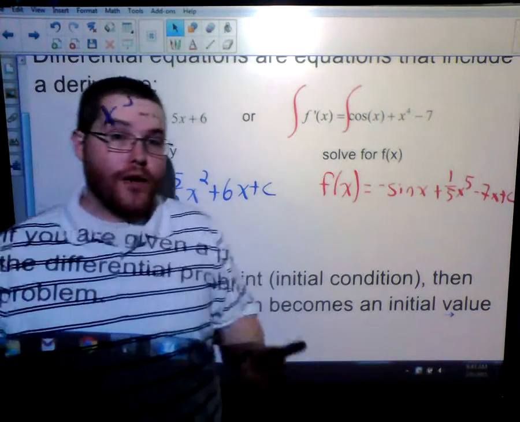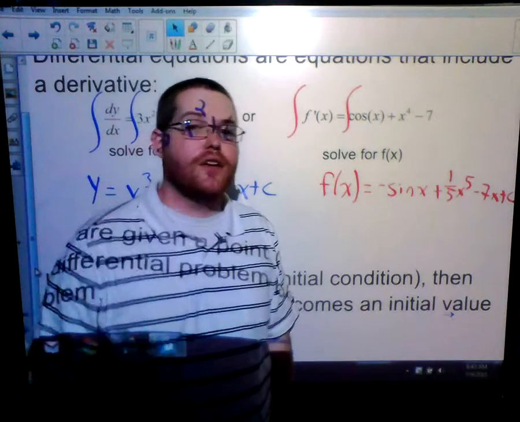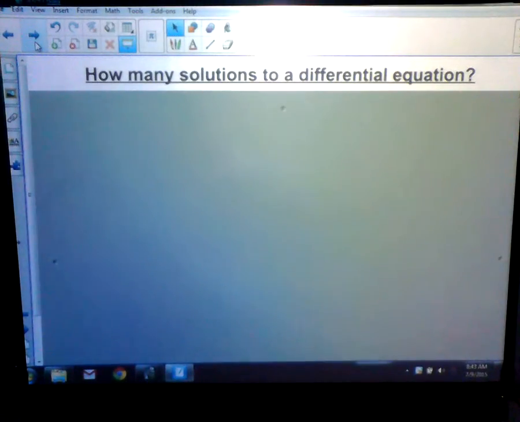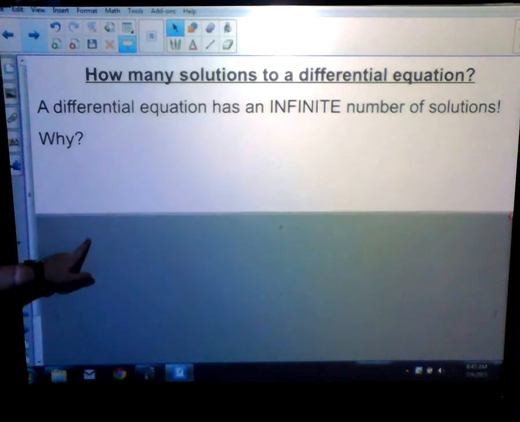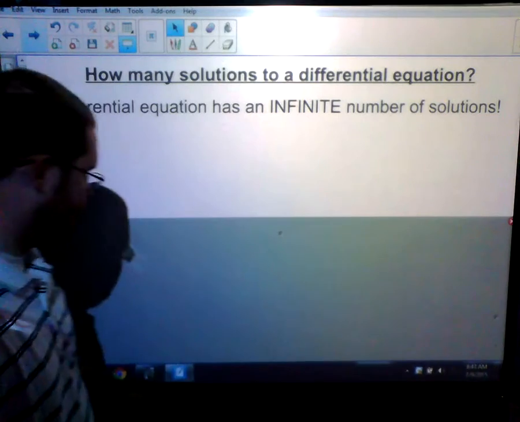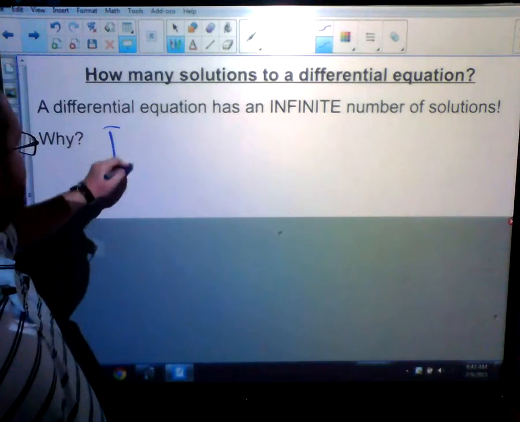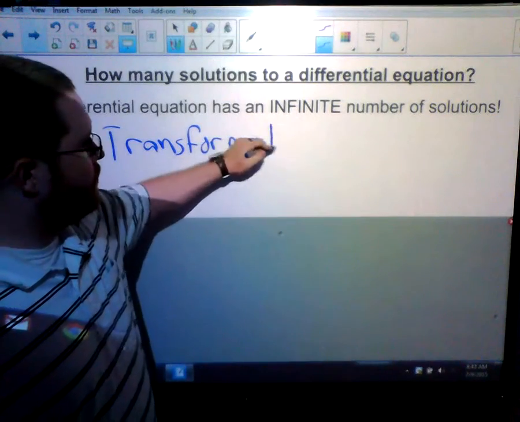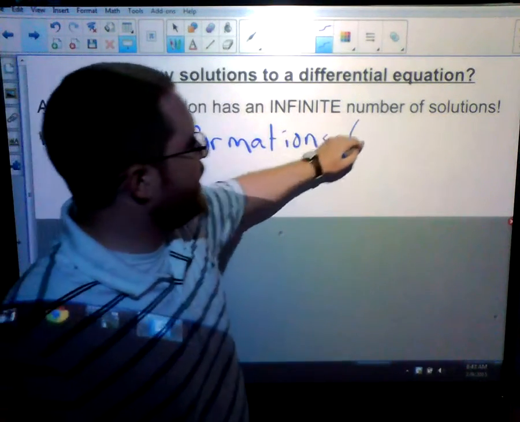But if I gave you a point, there's only one graph that goes through that point. Those are called initial value problems. How many solutions to a differential equation? It's an infinite number. Why? Because of the transformations, up and down.